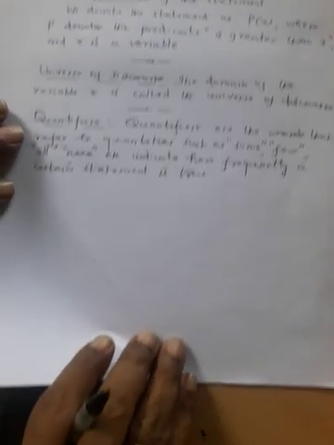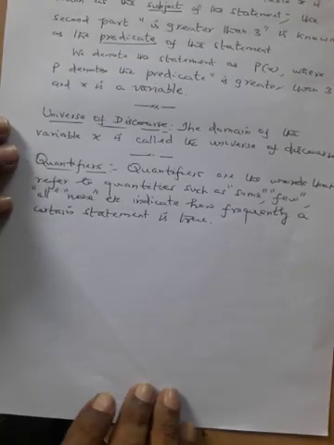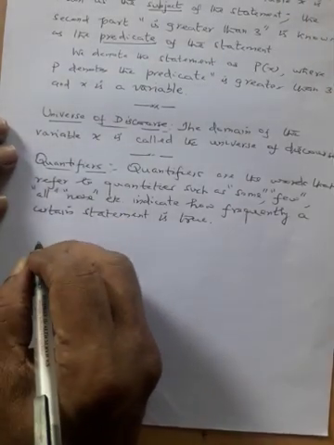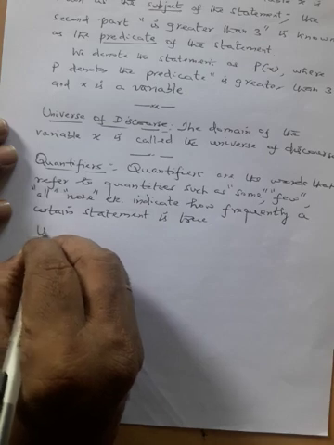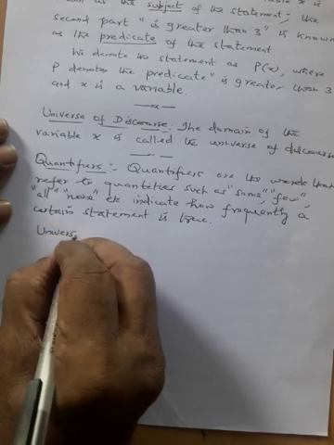So we will be dealing with two types of quantifiers. One is the universal quantifier, the other one is the existential quantifier. Universal quantifier.